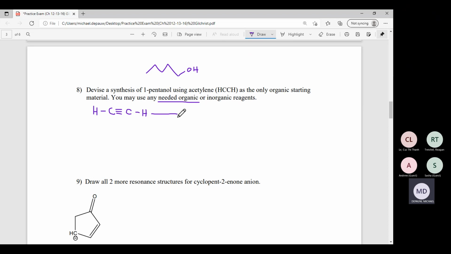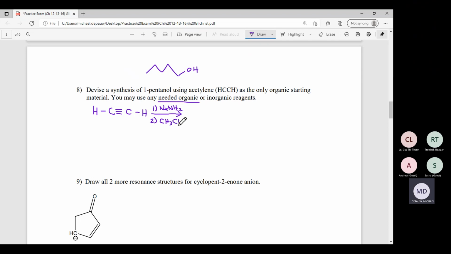One is I could start with sodium amide, which is NaNH2, and that would rip off one of those terminal hydrogens, and I could follow it up with a 3-carbon group.